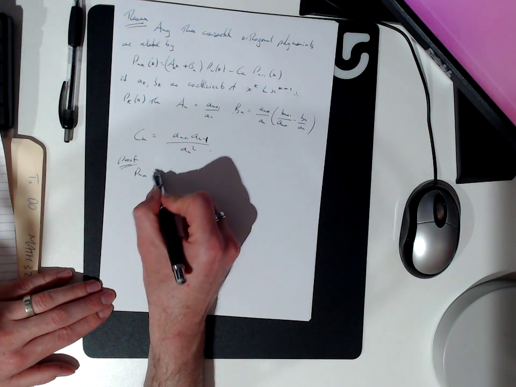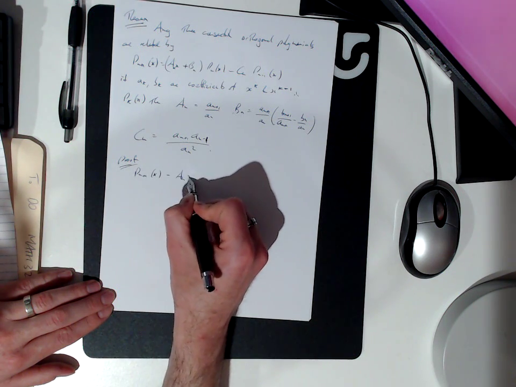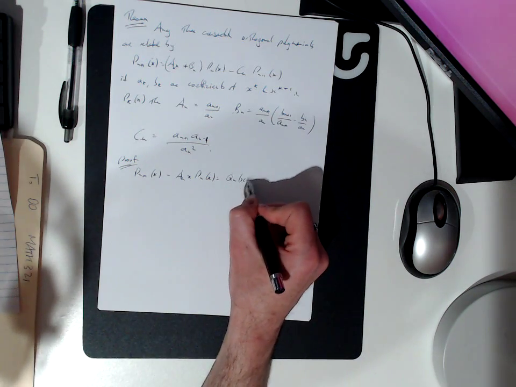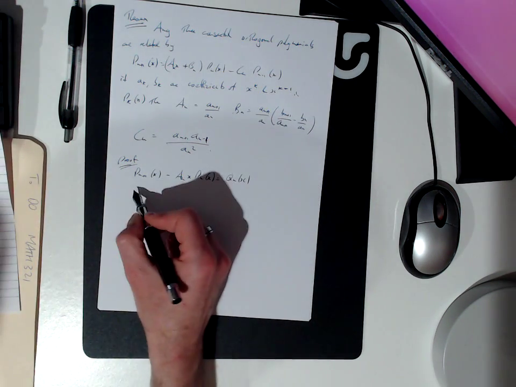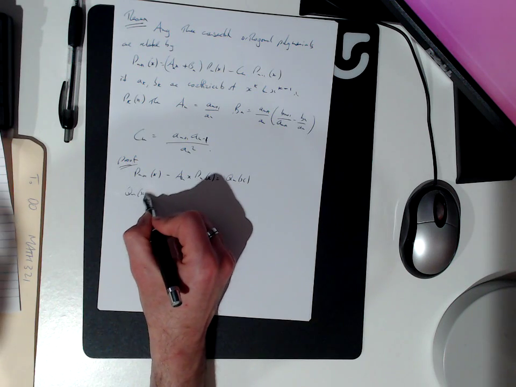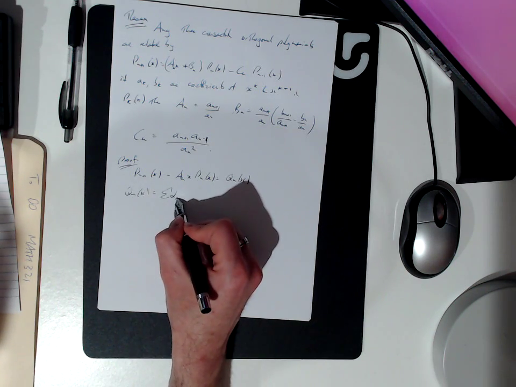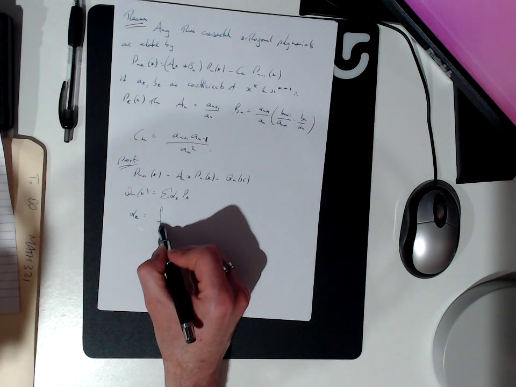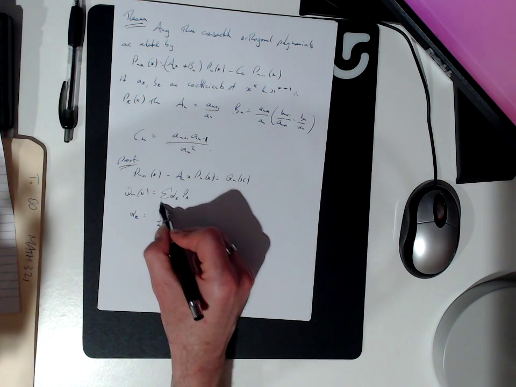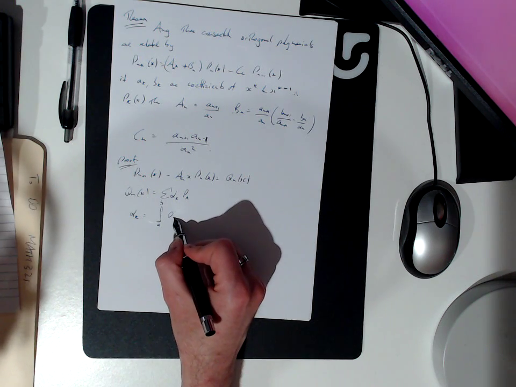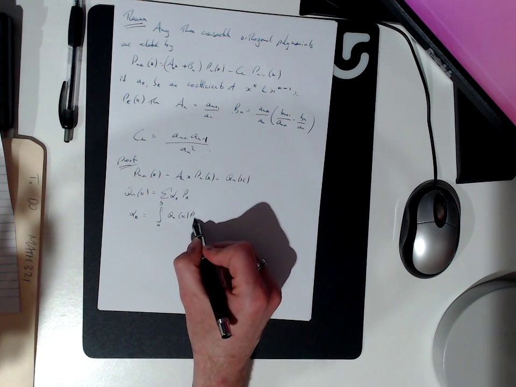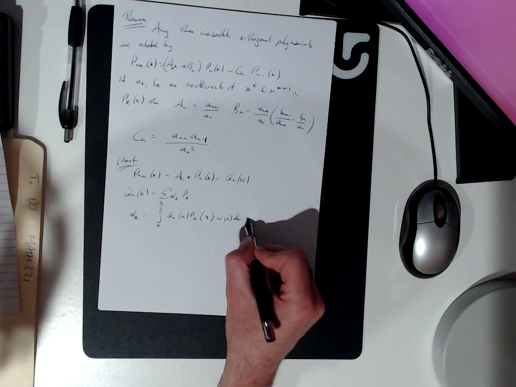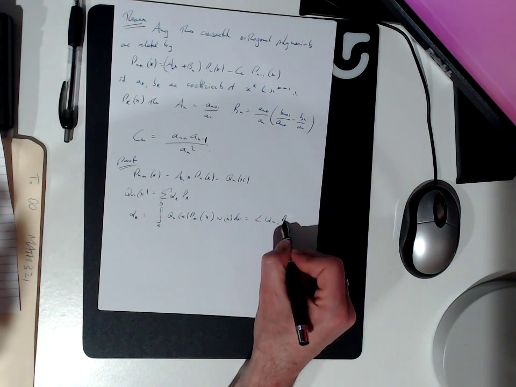Okay, P(n+1)(x) minus a_n x P_n(x) is going to equal Q_n(x), and that's degree at most n. So our Q_n(x) can be written as a sum of alpha_k p_k, which means that alpha_k is equal to the integral of Q_n p_k.